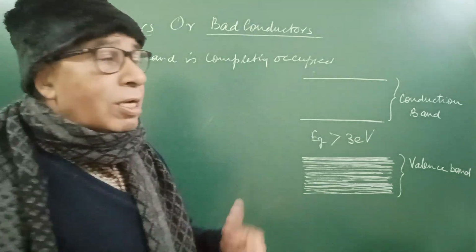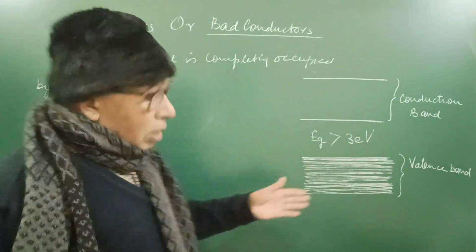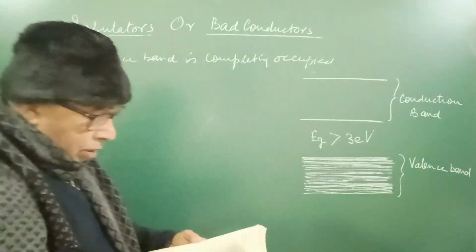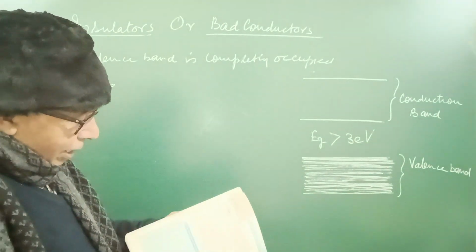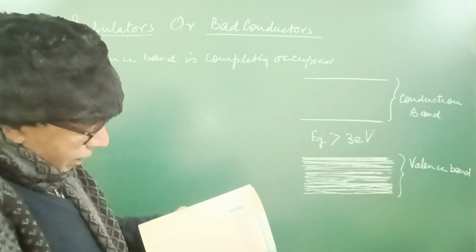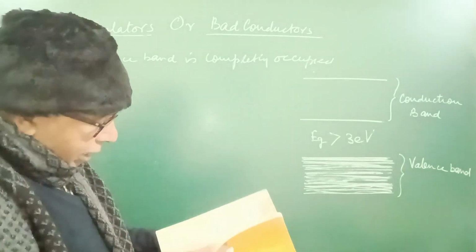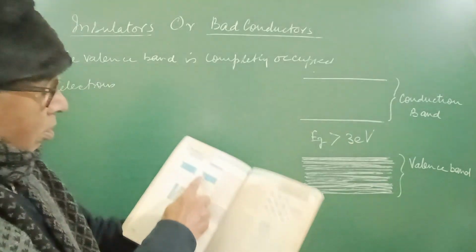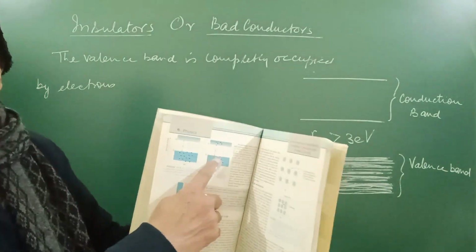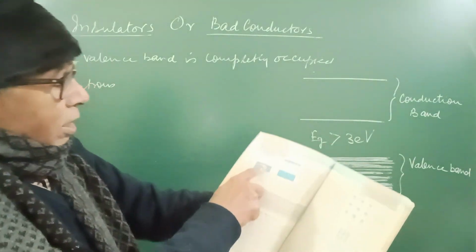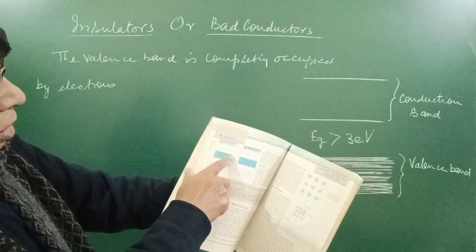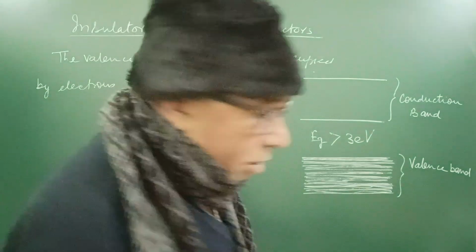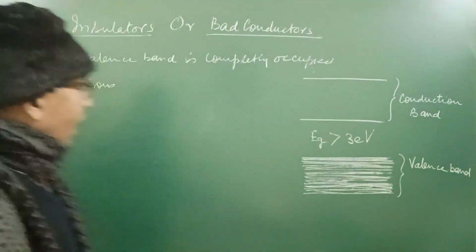All energy levels are occupied. In our NCERT book, the allowed occupied energy bands are shown by blue ink. You can see that all energy bands are occupied, but we can only show them by lines.